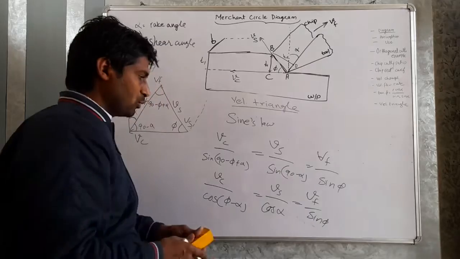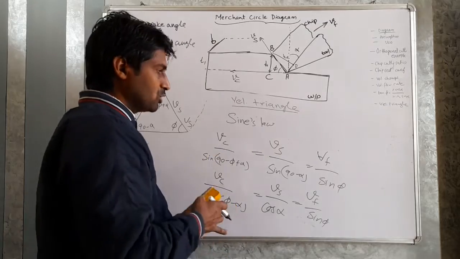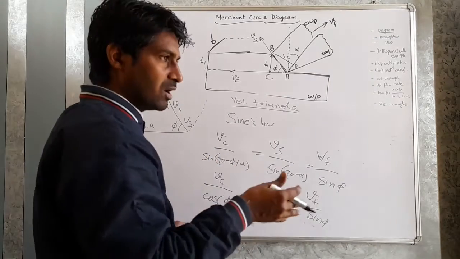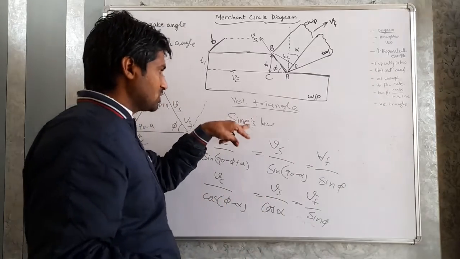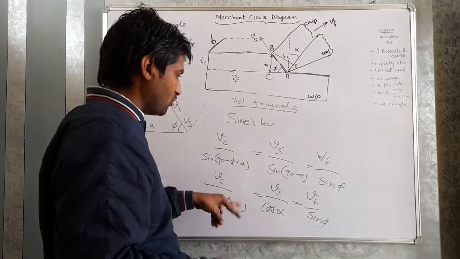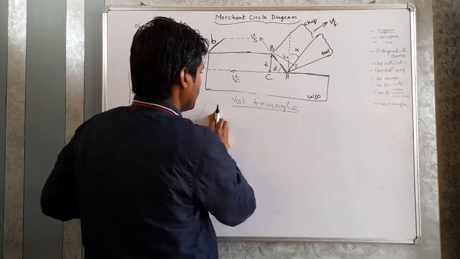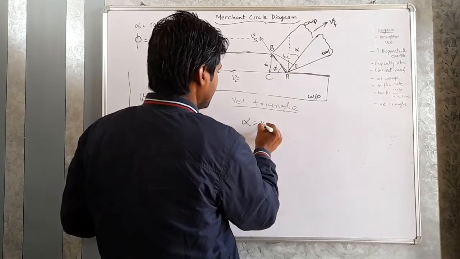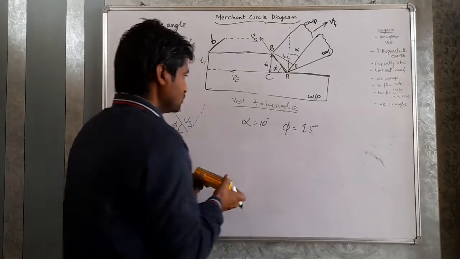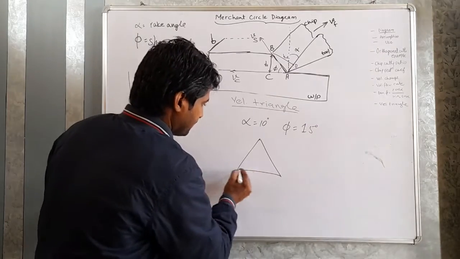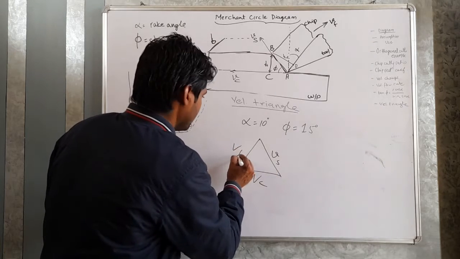This is a very important formula, but I suggest that you don't memorize it. If the question gives the value of alpha or r or something, you can directly use the sine law to find all the other values. For example, suppose alpha is 10 degrees and phi is 15 degrees. Draw this triangle with Vs, Vc and Vf.